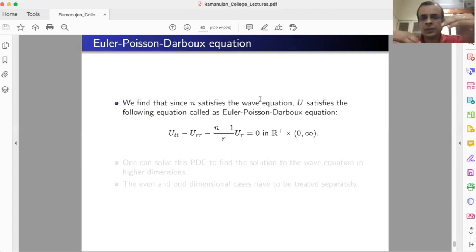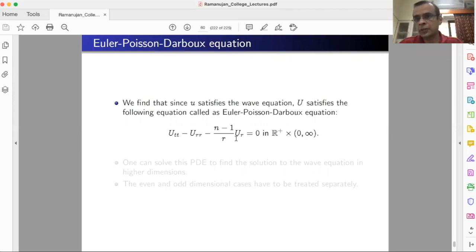Now, notice that when you consider the one-dimensional case, when n is equal to 1, there is no U_r part. But in general you have this U_rr minus (n minus 1) by r U_r. So by suitably defining a new function, you can define this as the U_rr of something. Therefore, you actually go back to a version of the D'Alembert formula for the one-dimensional case.